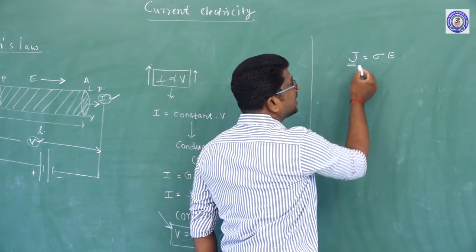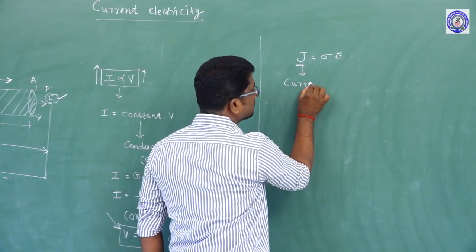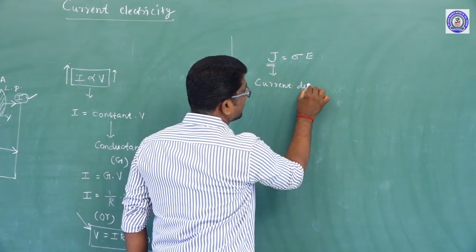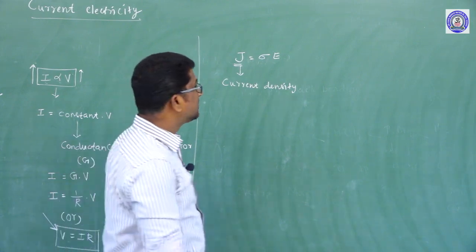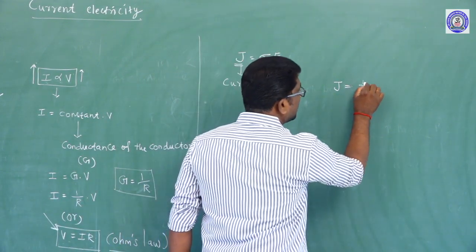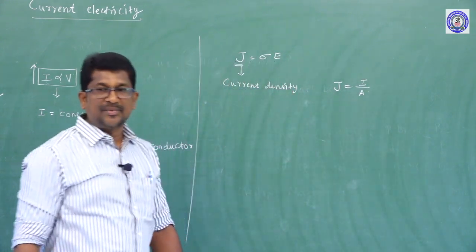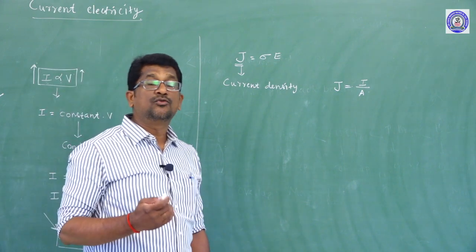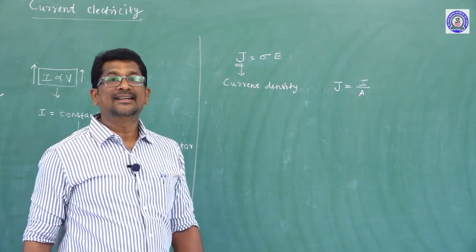Here what is J? J is called current density. What is current density? The magnitude of current flowing for unit area of cross section of the conductor is known as current density.